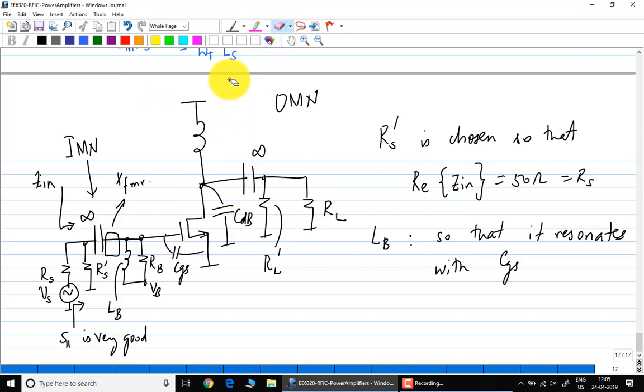So instead of an infinite inductor, I'll just call this LD. Now I'm building a truly narrowband PA. So now RL prime is chosen. So choose RL prime so that S22 is low. Make sense?